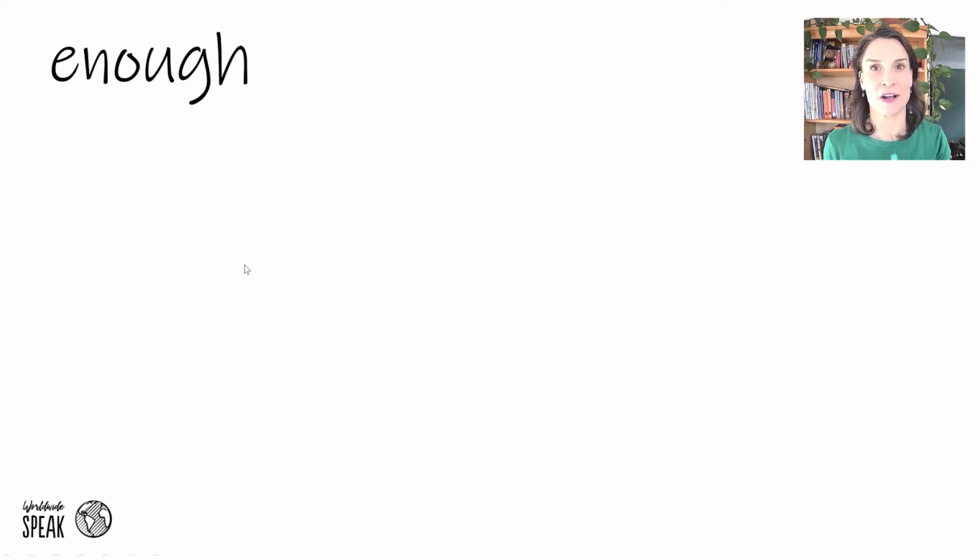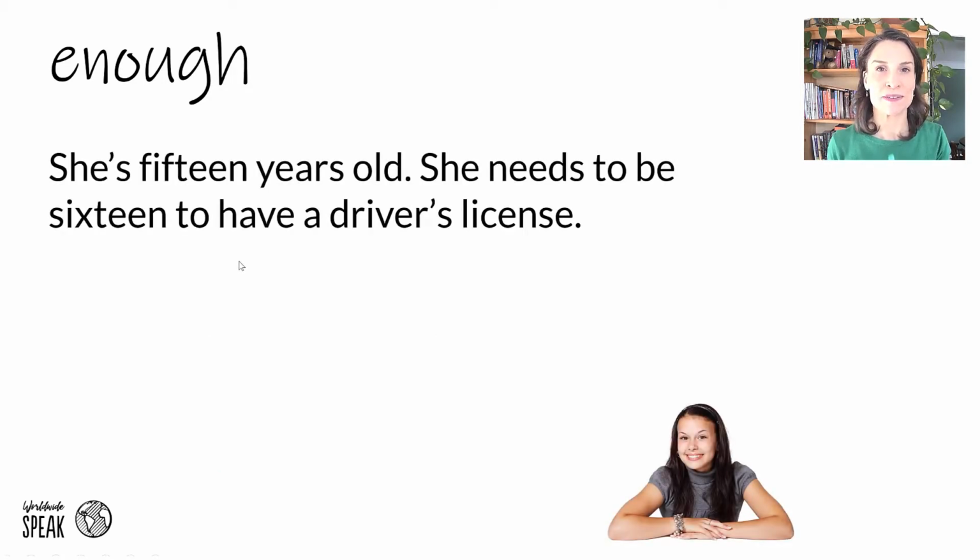Now let's talk about our third word, enough. So let me give you an example. She is 15 years old. She needs to be 16 years old to have a driver's license. She's not 16, she's 15.